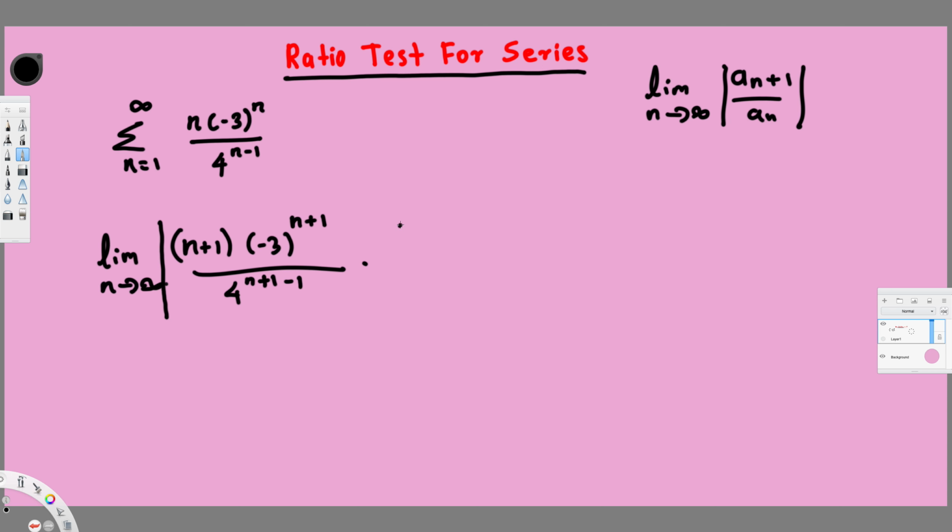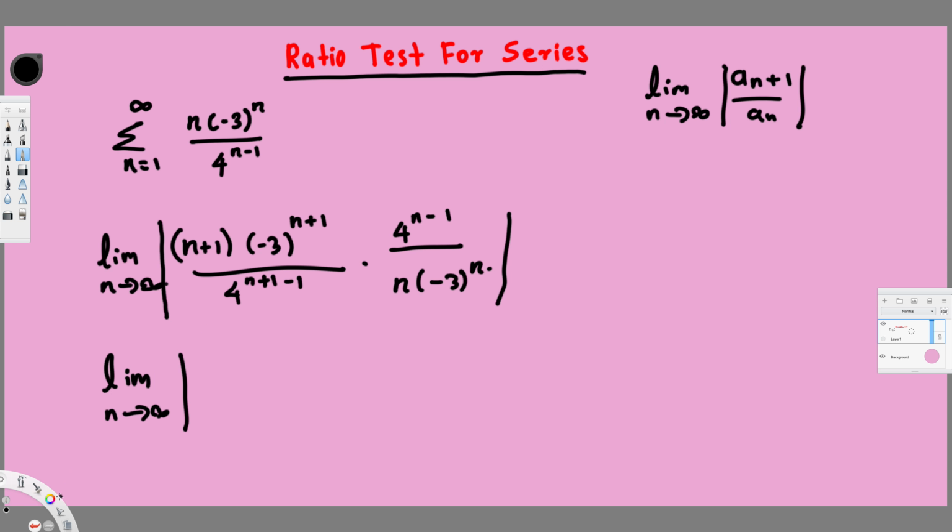So this is going to be 4 to the power n minus 1 over n times minus 3 to the power n. If you divide, this will flip around and go to the top. So that's the same thing. Here what we are going to get is the limit as n approaches infinity, and if you expand this one, it is minus 3 to the power n times minus 3 to the power 1.